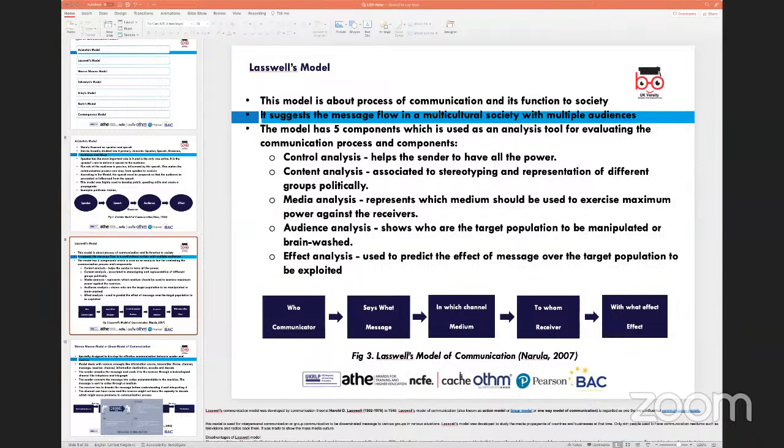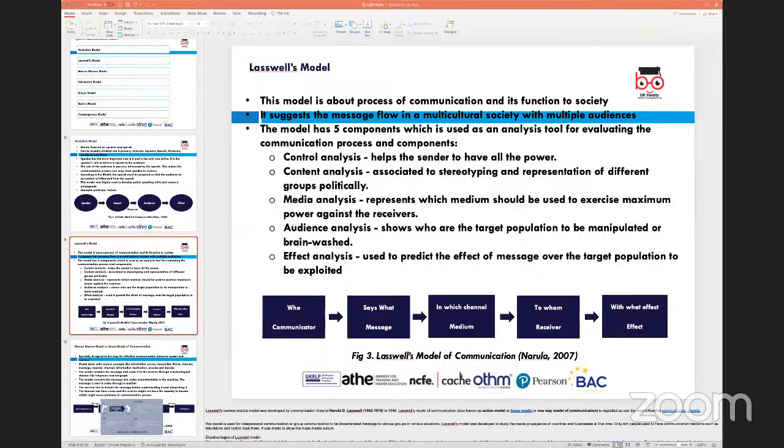That is the main contention he looked at when defining a communication model: who is saying what, in which channel are you using to say this, how are you going to say this, and what kind of an effect will it have on the receiver when you are transmitting or sharing this information.